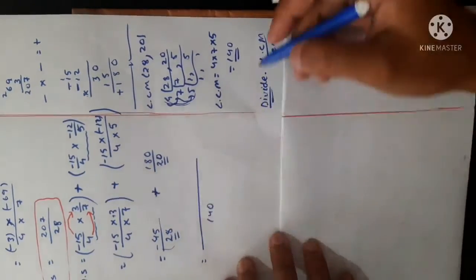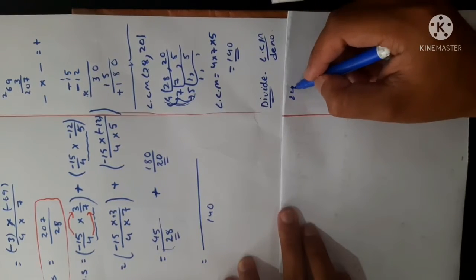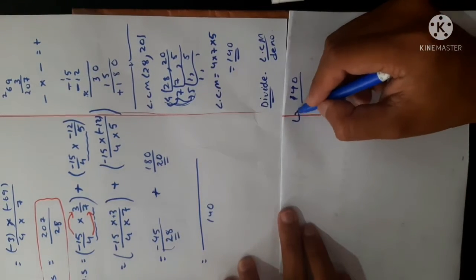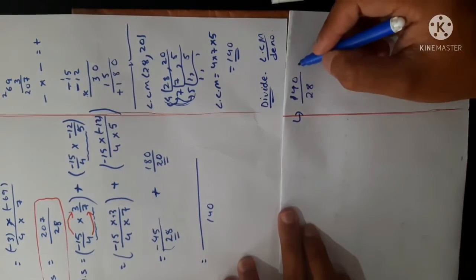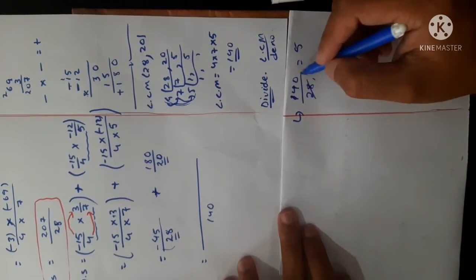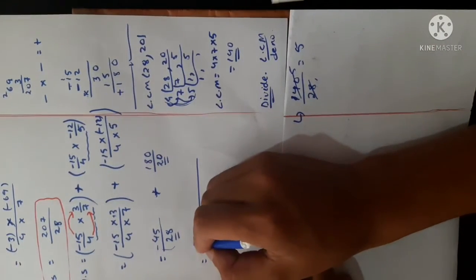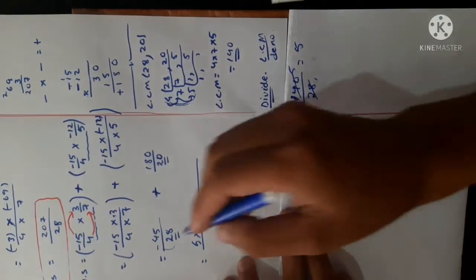The LCM is 140, so we have to divide 140 by the denominator. The denominator here is 28, and this will be equal to 5. 28 5s, you will get 140.